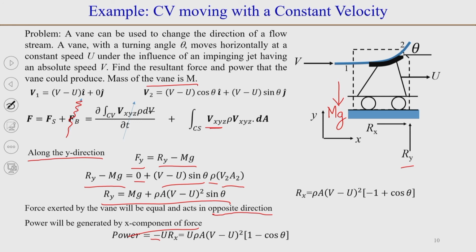So, we substitute the value of R x, which is rho a into v minus u squared into 1 minus cos theta when you take the minus sign inside. So, this minus 1 plus cos theta becomes 1 minus cos theta, and this is multiplied by u here. Okay. So, that is the power.